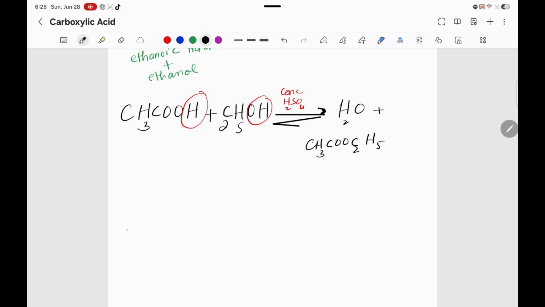Let's understand it more with the help of the displayed formula, what actually happened. Let me write this OH with some other color so that you can easily understand what has been removed.